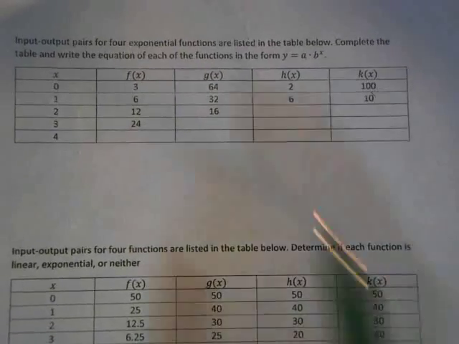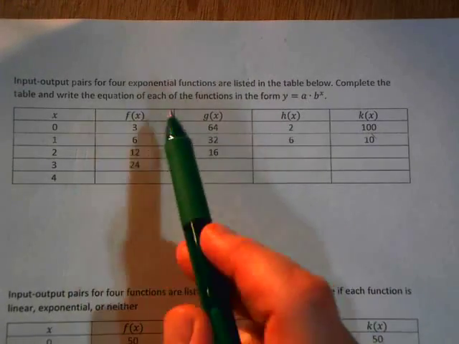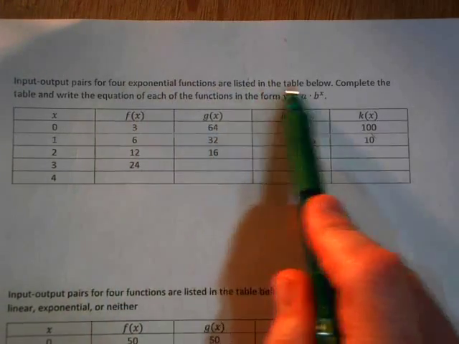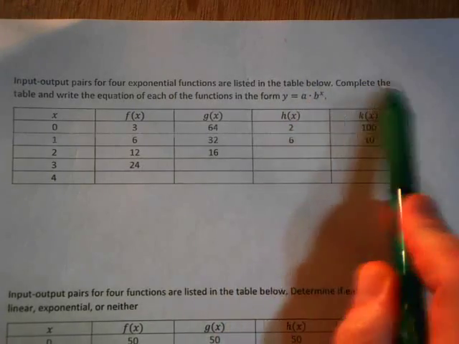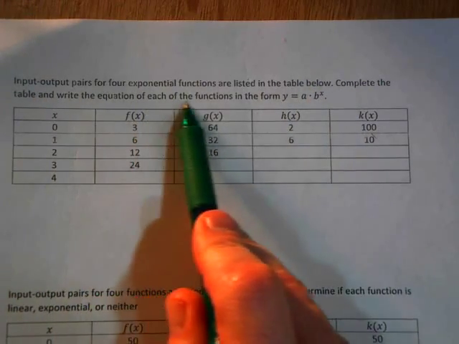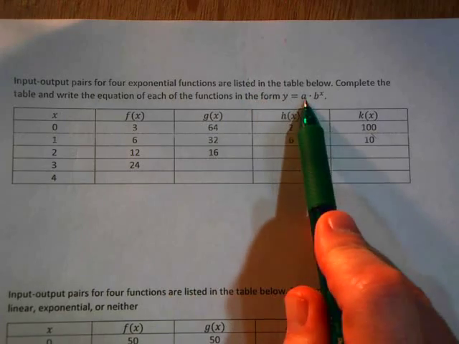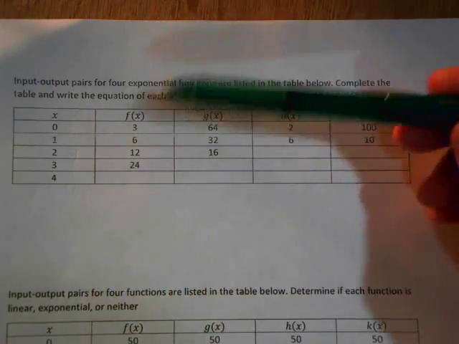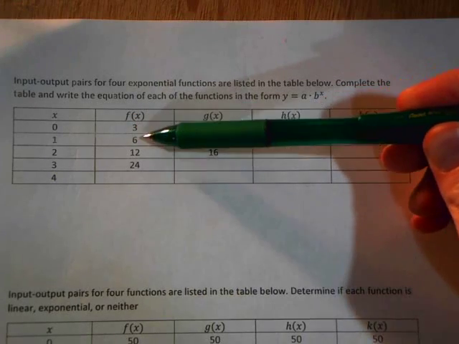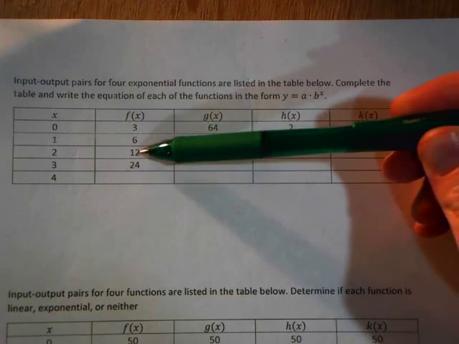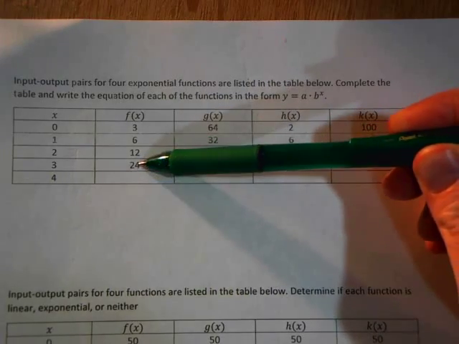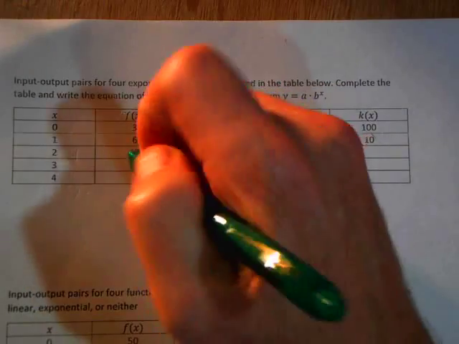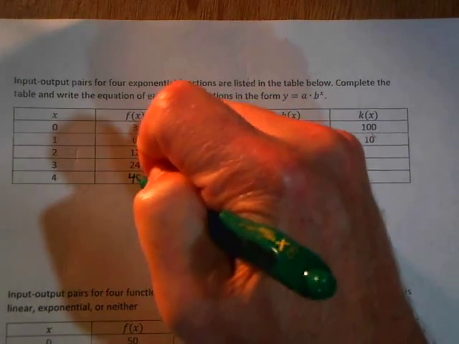It says, input-output pairs for 4 exponential functions are listed in the table below. Complete the table and write the equation of each function in the form y equals a times b to the x. Alright, so we notice this is exponential because we started at 3, we multiplied by 2, we multiplied by 2, we multiplied by 2, so the next one we would multiply by 2, that would be 48.